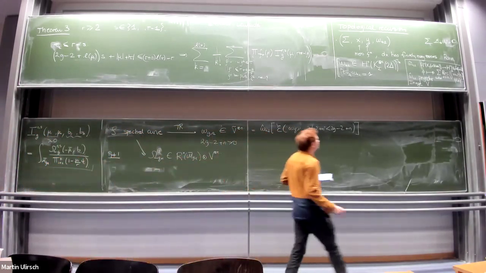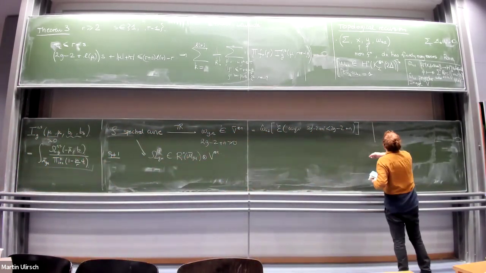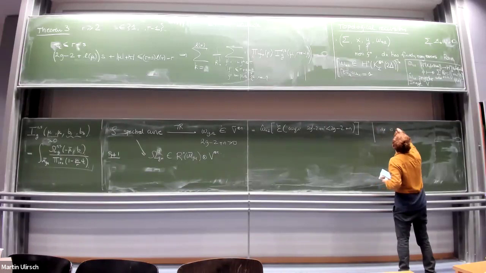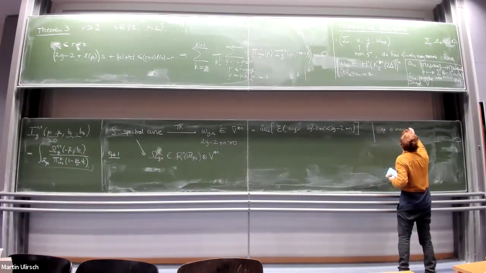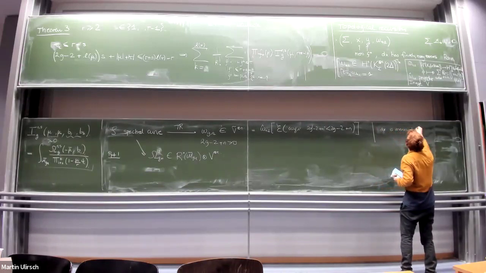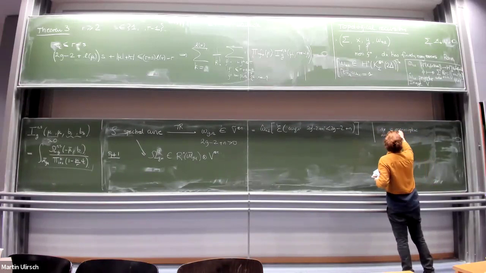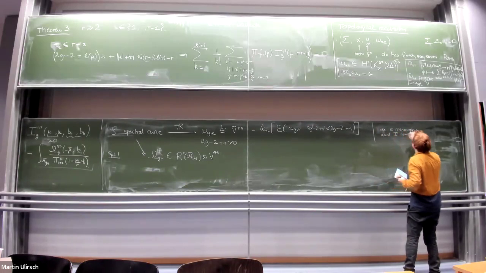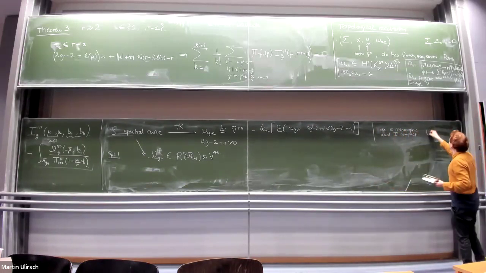And here, I'm going to put myself in a setting where the x is meromorphic and sigma is compact. So that will take P1.